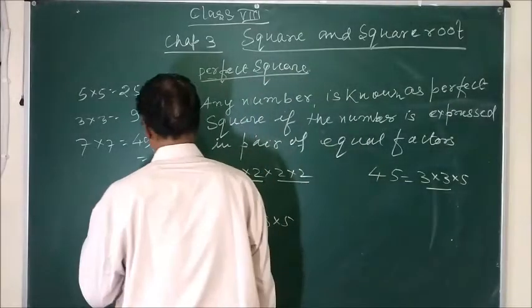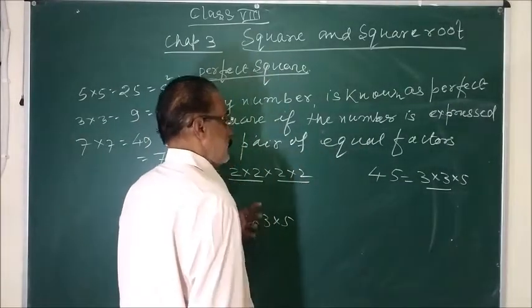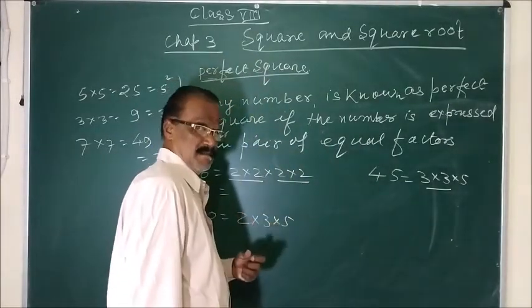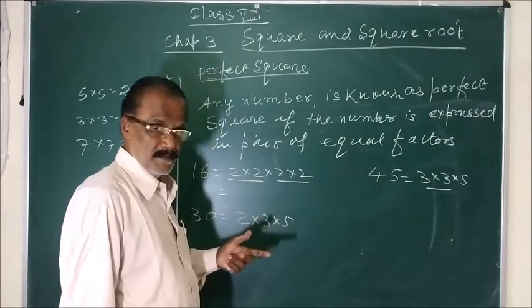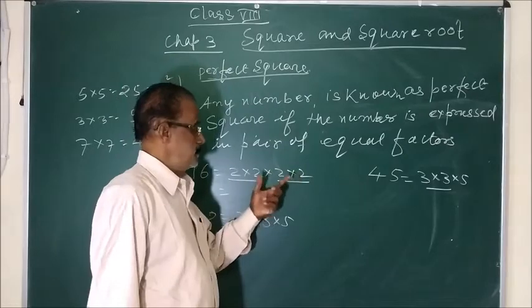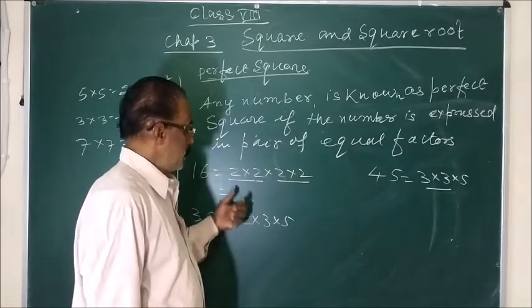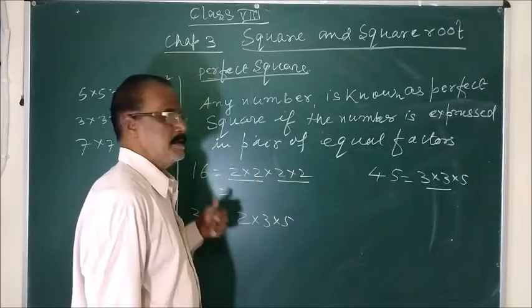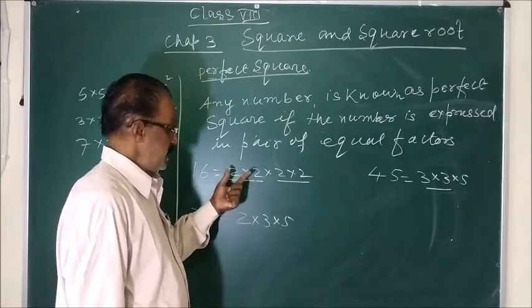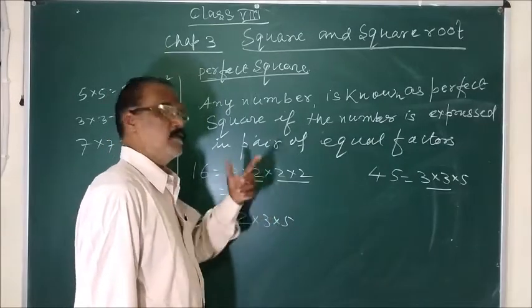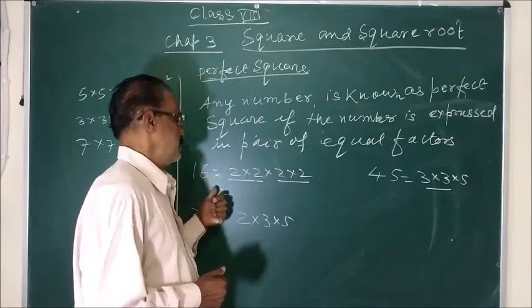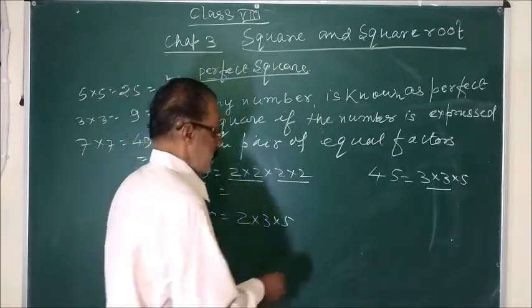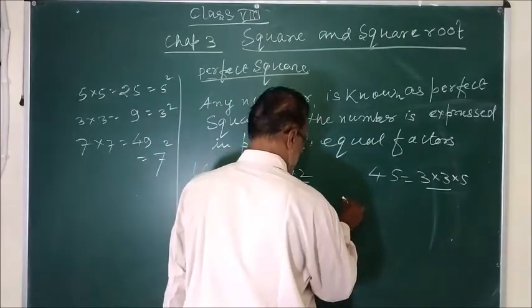Now, how can you say a number is a perfect square or not? The first method: by finding the factors and grouping them in pairs. If all the factors of the given number are in pairs, no number is without pair, that number will be called a perfect square.